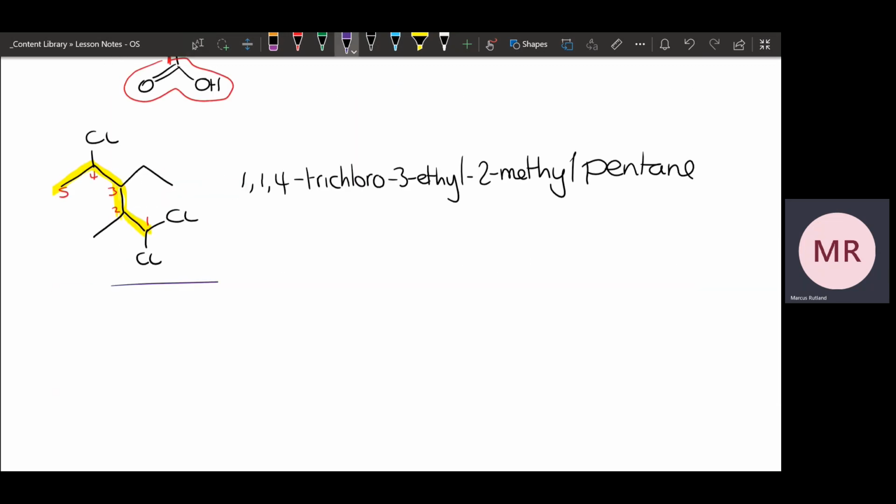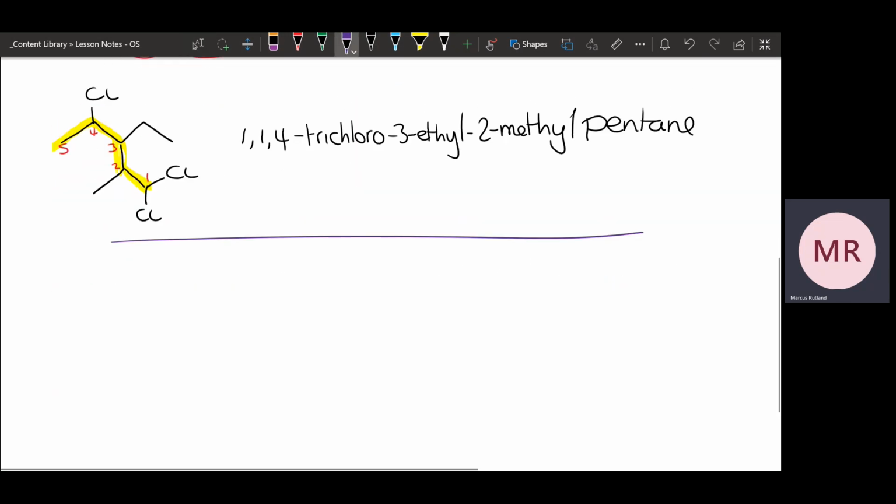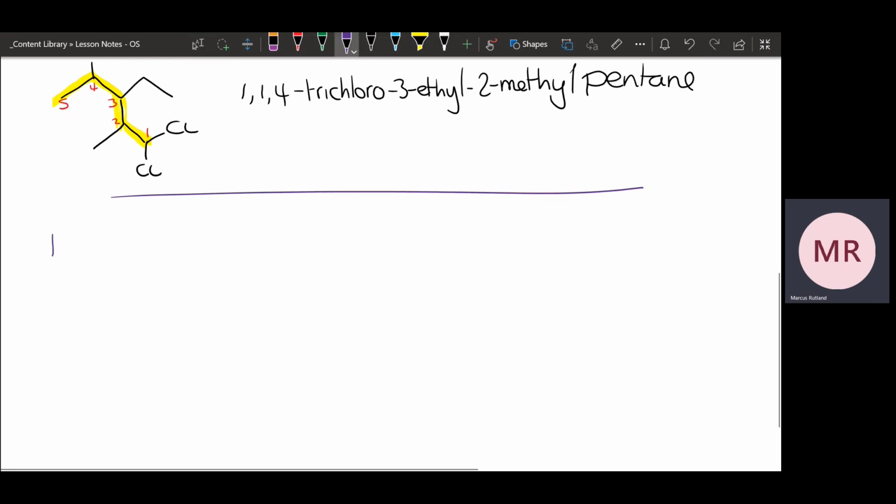The other thing you need to know for the haloalkanes is the boiling points, and this links to what we've already done a bit of in the intermolecular bonding. So this just reinforces this, the boiling points of haloalkanes.